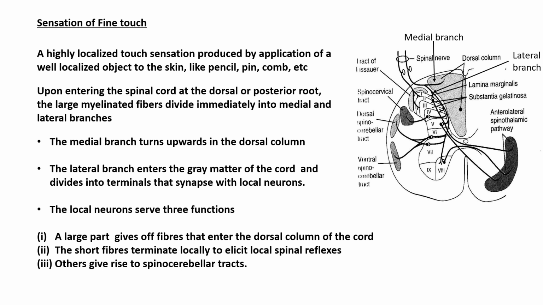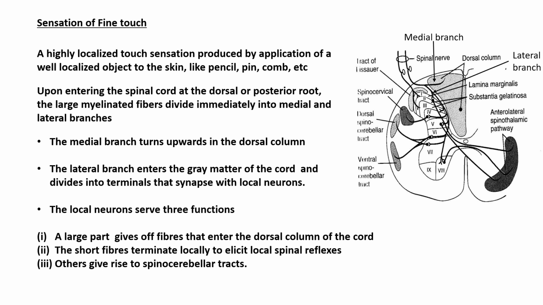All right, so you can see that if you look at the diagram. The medial branch then turns upwards into the dorsal column. So it forms part of the dorsal column, and it's the ascending tract. It will carry information to the brain.